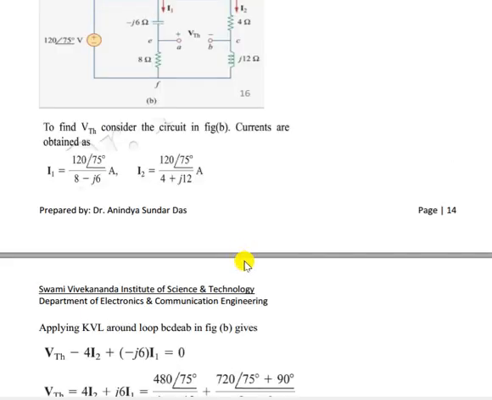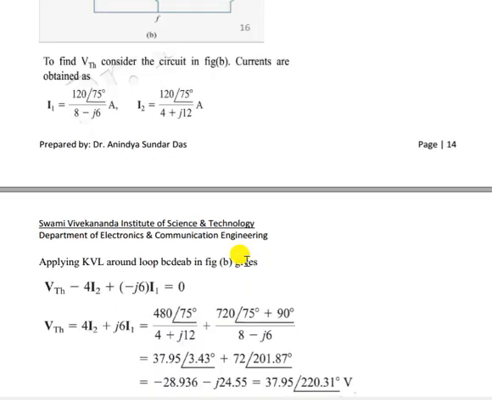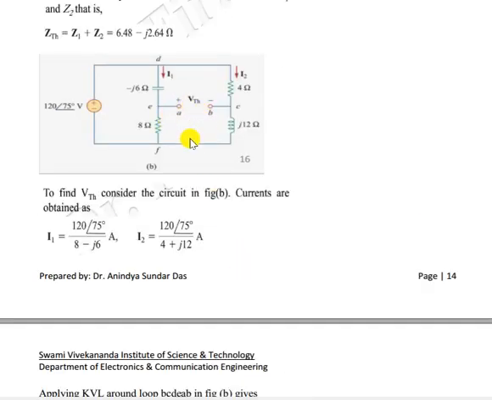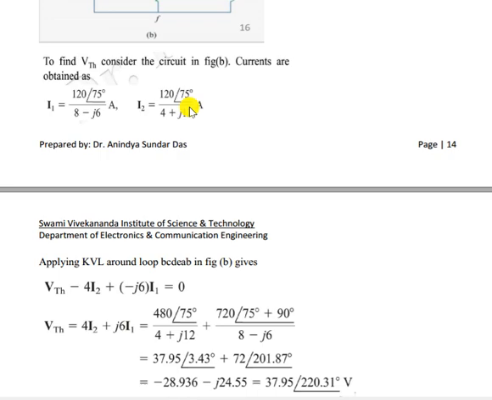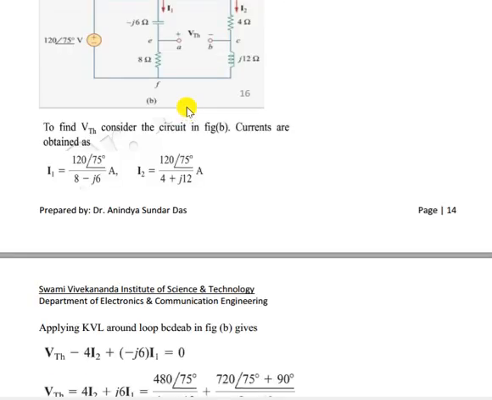So now applying KVL here, what we can write, VTH, applying KVL, minus 2 plus, then minus 4 I2, and plus minus J6 into I1.